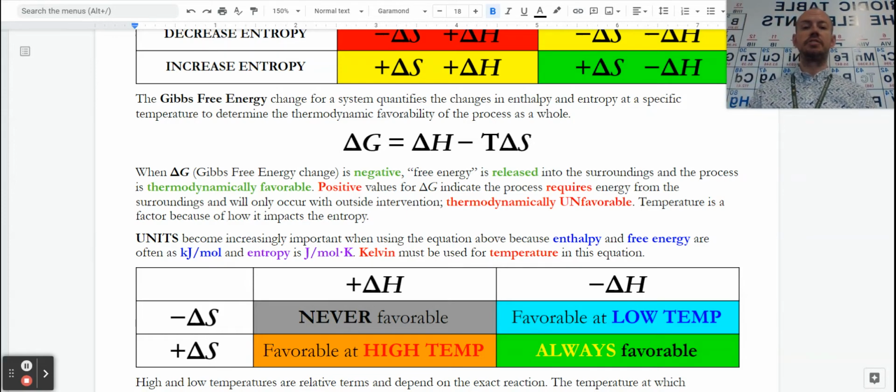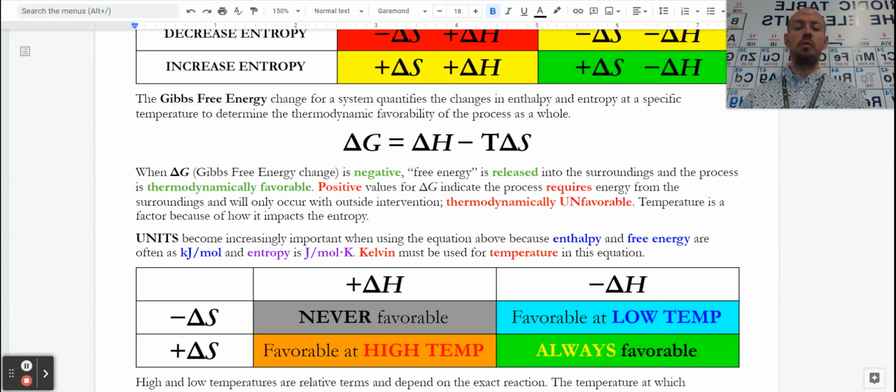That positive delta G, or a requirement of free energy, means that energy has to come in and do work on our system. That is thermodynamically unfavorable as a standalone process.